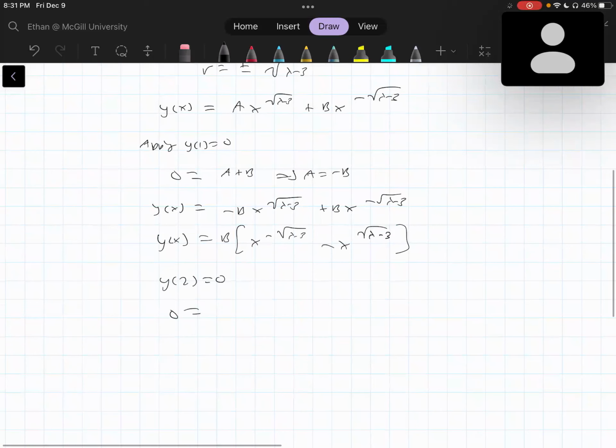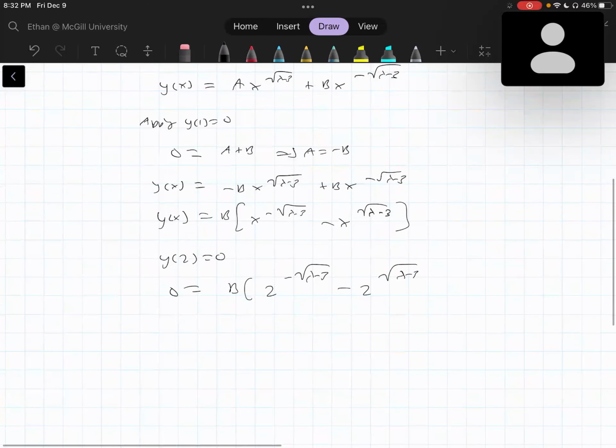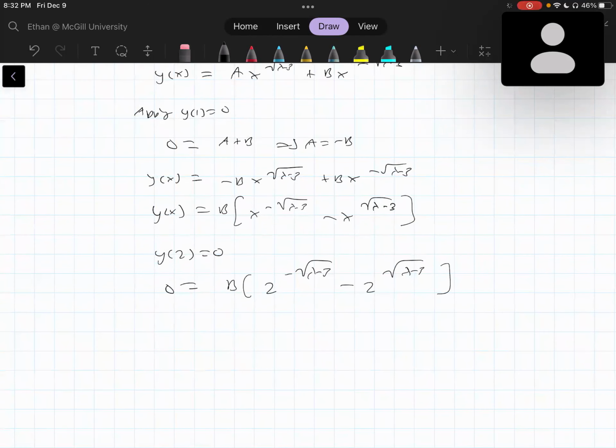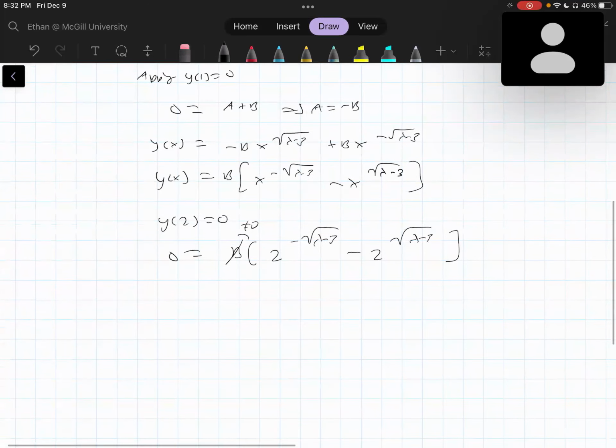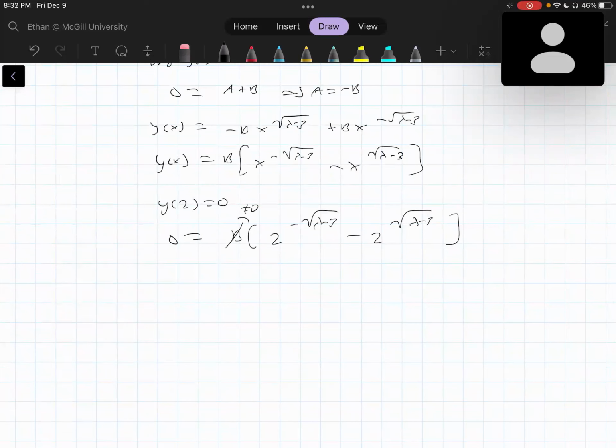Then 0 is going to be equal to b times 2 to the negative square root. We're going to say b is not 0 because that gives a trivial solution. So we're simply going to have 2 to the power root lambda minus 3 is equal to 2 to the power negative root lambda minus 3.